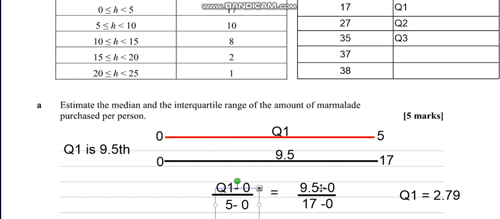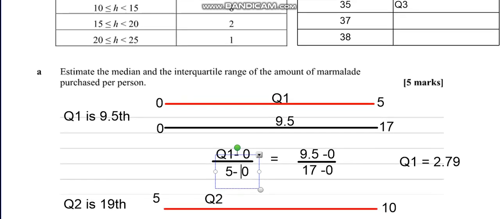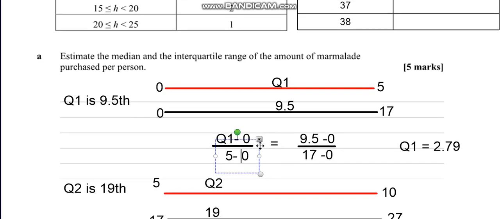So that's 9.5 take away 0 over 17 take away 0. So if we rearrange that, it's Q1 over 5 equals 9.5 over 17. So we multiply up by the 5, you get Q1 is 2.79. And that sounds about right because we said it was slightly over halfway.